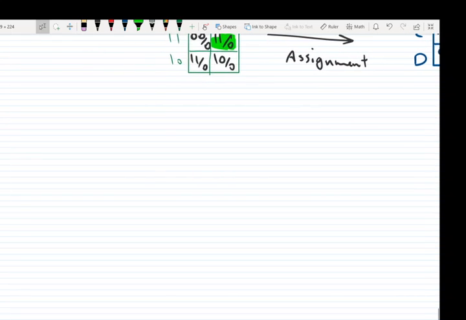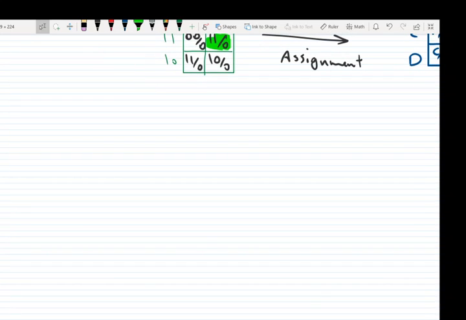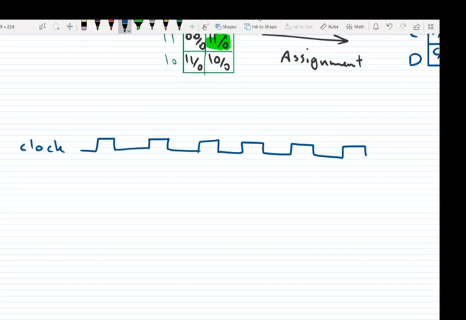For the timing diagram, we start by drawing the clock cycle. 1, 2, 3, 4, 5, 6, 0, 1, 2, 3, 4, 5.